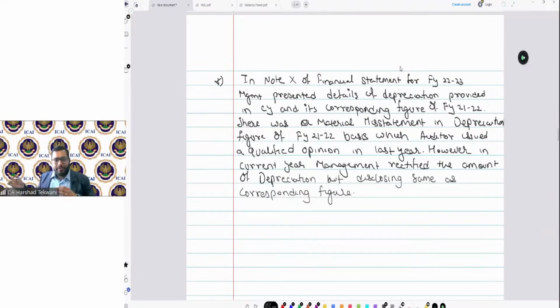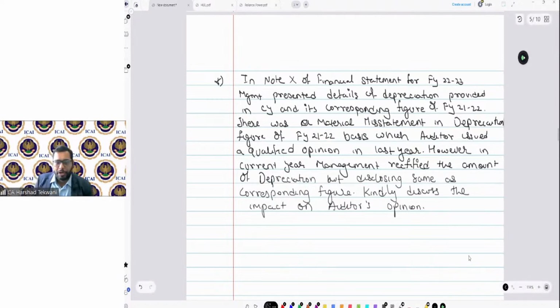Management rectified in the current year before disclosing the same as a corresponding figure. Kindly discuss the impact on auditor's opinion. Now you need to discuss the impact on auditor's opinion.